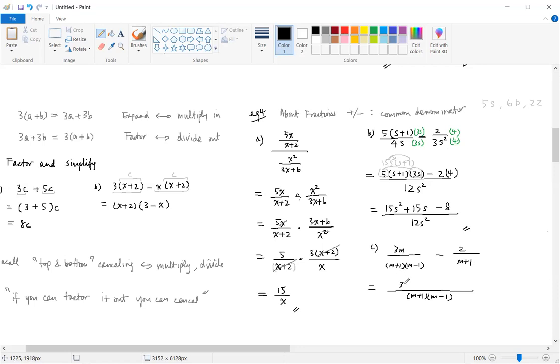Okay, so 3m here. The bottom is already that denominator. Top here is in my head, I think bottom times m minus 1, top times m minus 1. This green thing is what I think in my head. So it should be minus 2 times m minus 1.